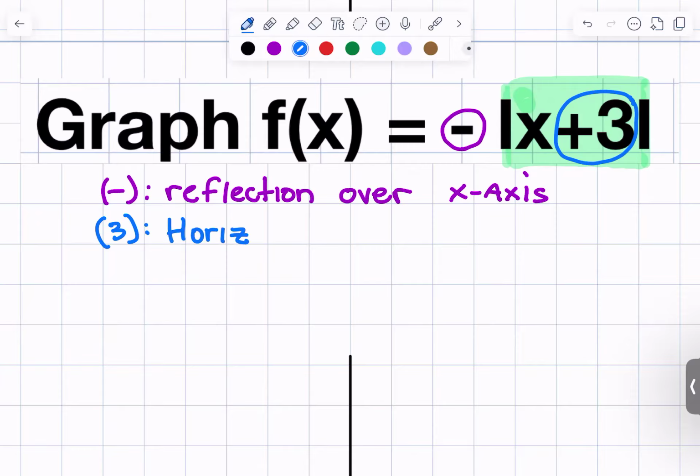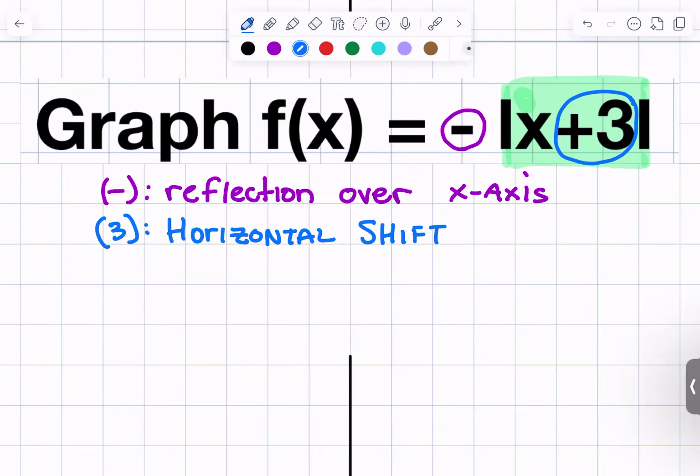And remember the big rule about horizontal, yeah? You have to go opposite your gut. We're adding. So if we're adding, what transformation do I have? Shift. So it's a horizontal shift. Now let's go opposite our gut.